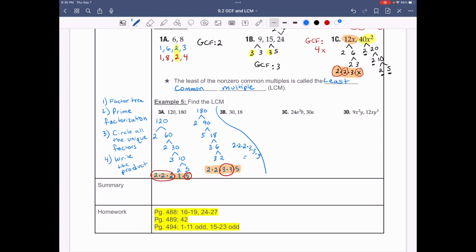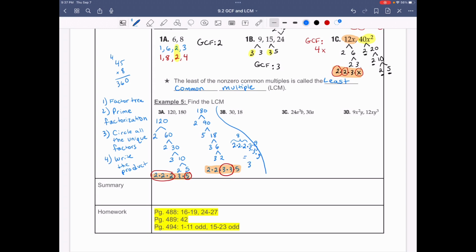That equals, so this would be 8. This would be 9. And there's 5. 5 times 9 is 45. And 45 times 8, I'm going to do that over here. And if you have a calculator, you could totally use a calculator for this. 8 times 4 is 32, plus 4 is 36.